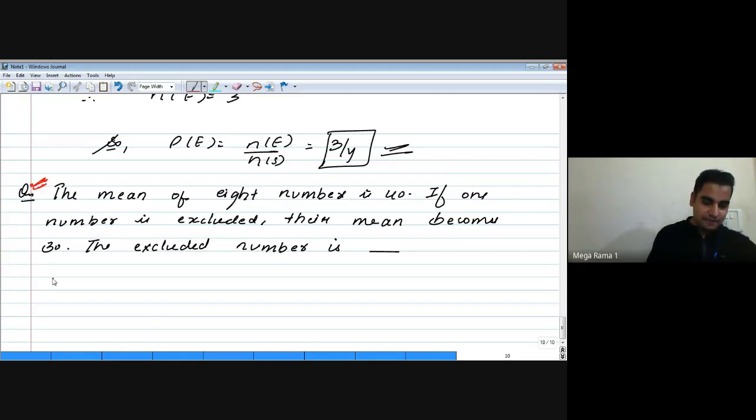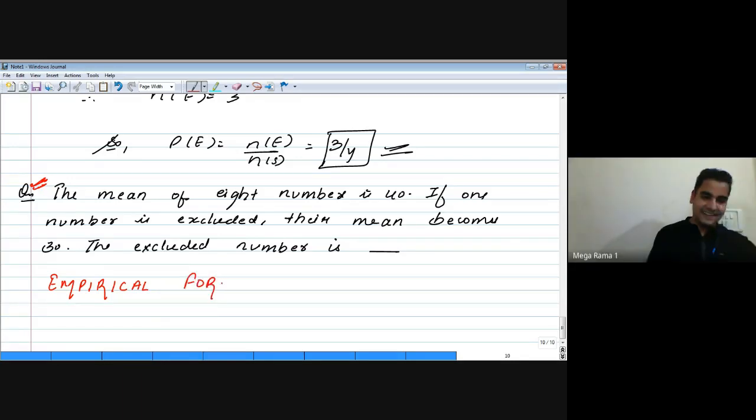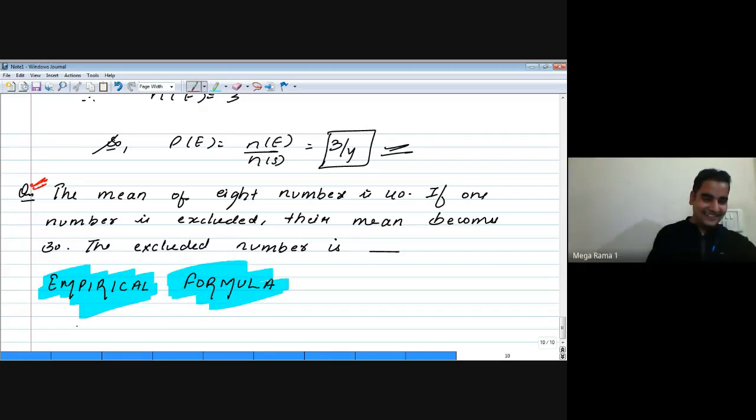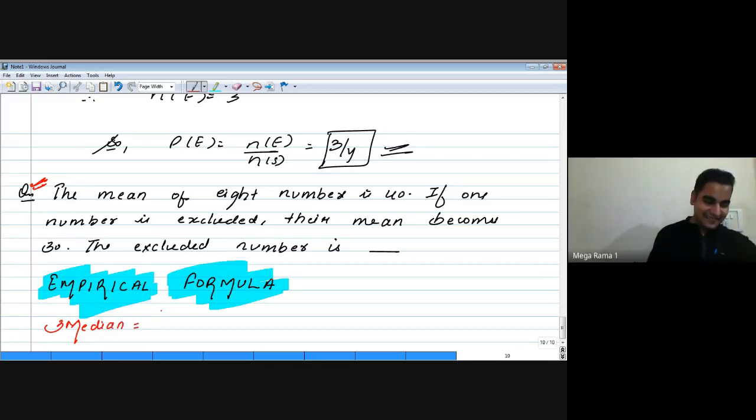So let me tell you one empirical formula which gives you the relationship between mean, median, and mode. Let me discuss the empirical formula first. 3 median is equal to mode plus 2 mean.